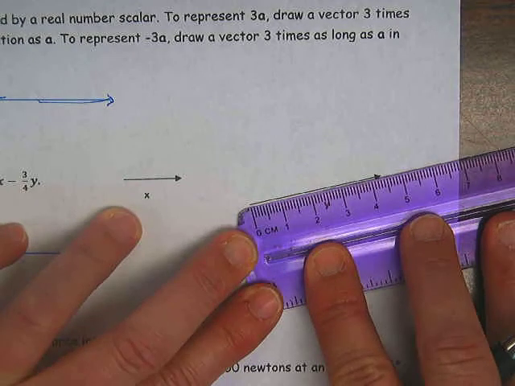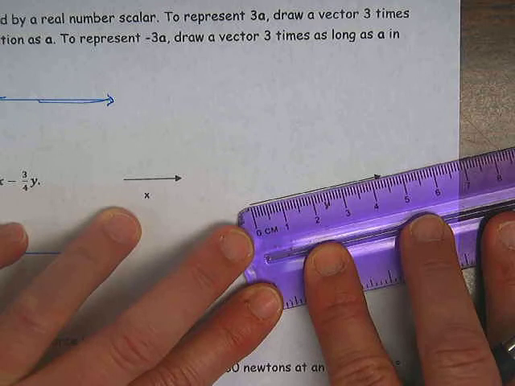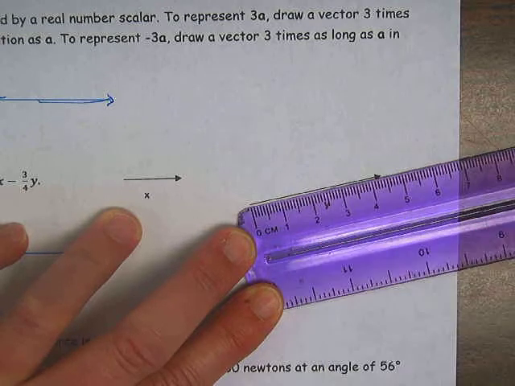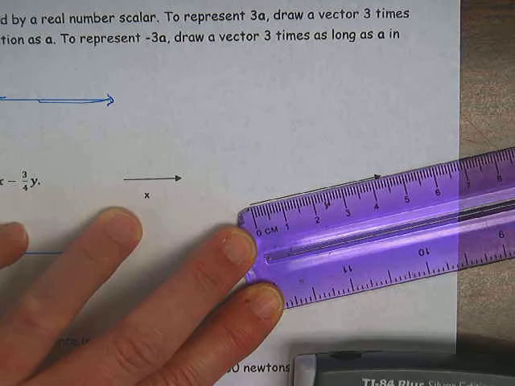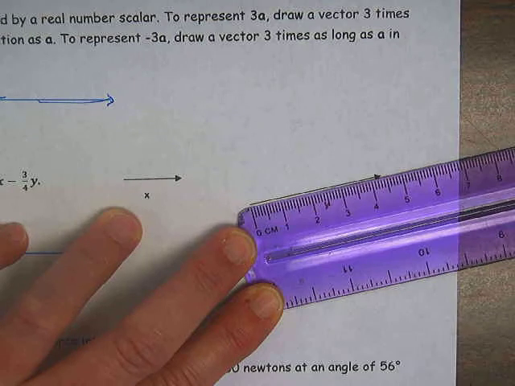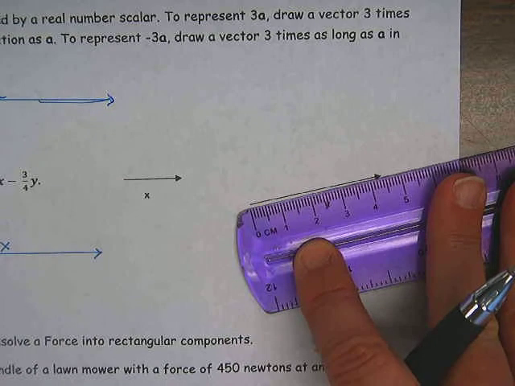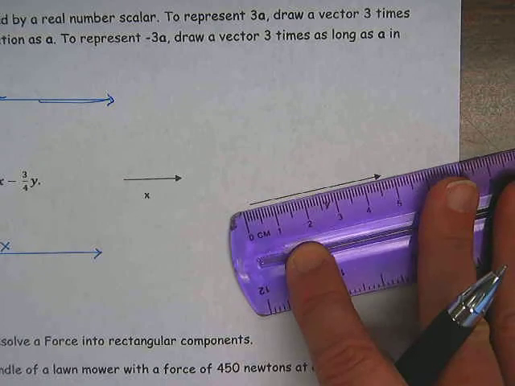4.4 centimeters. And I want to draw a vector that is negative 3/4, so 75% of 4.4. So 4.4 times 0.75 is 3.3 centimeters. And so I'm going to translate this vector, keeping the direction.